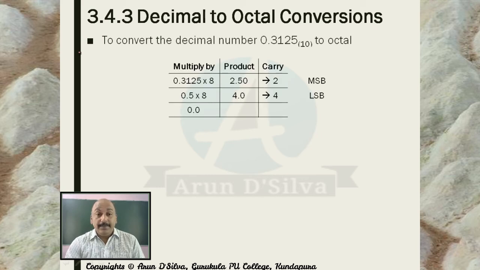I multiplied by 8 and got 2.50. This 2 becomes the carry, so I recorded it on the right side, and the fraction part 0.5 I have sent here. I multiplied 0.5 by 8 and got 4.0. Make use of a calculator, my dear students.